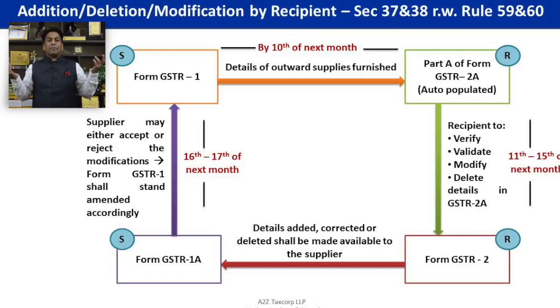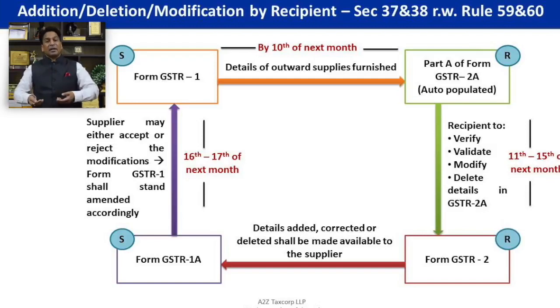In case the supplier does not agree or does not accept, then whatever credit is taken by you after addition and modification would be called provisional credit, which you can take but within a time period defined in the GST provisions. If it is provisional credit pertaining to the month of January, it should be concluded by the month of March.